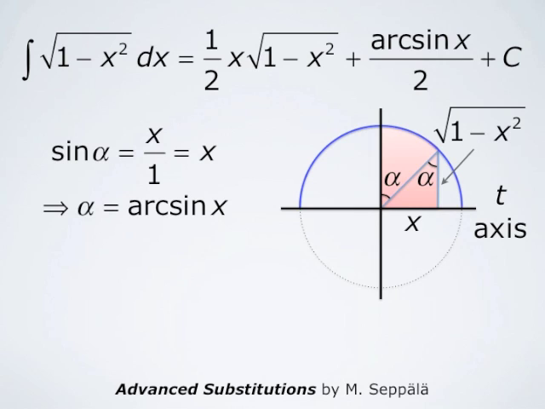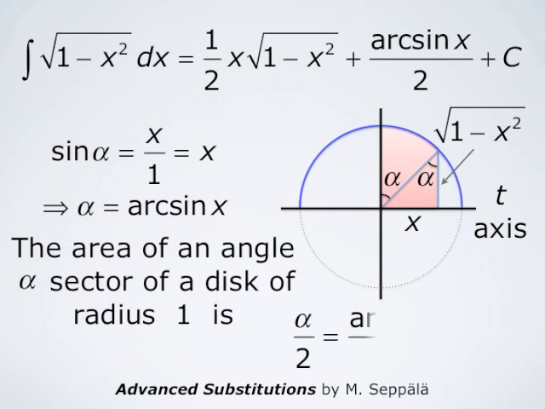And now the area of an angle alpha sector of a disk of radius 1 is just alpha over 2. It can be computed by the formula, which is the angle of the sector, in this case alpha, divided by the full angle, which is 2 pi, times the area of the disk, which is pi times radius squared.